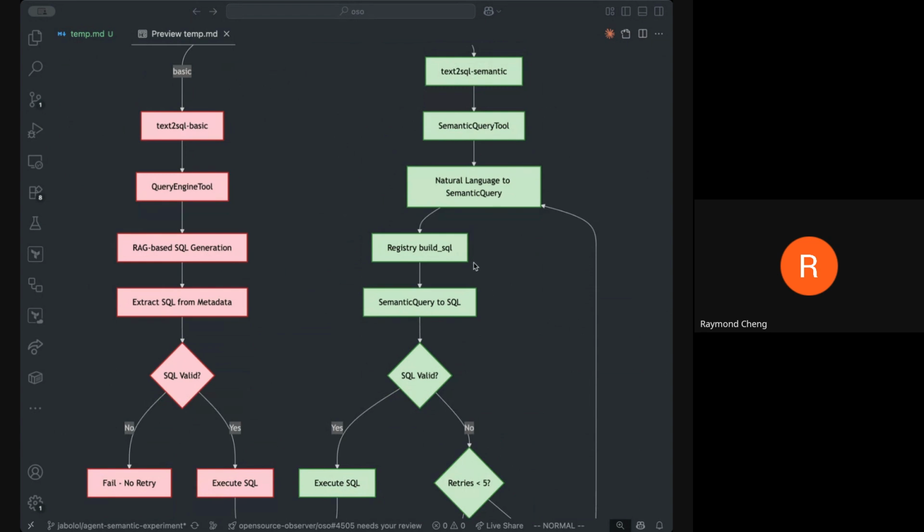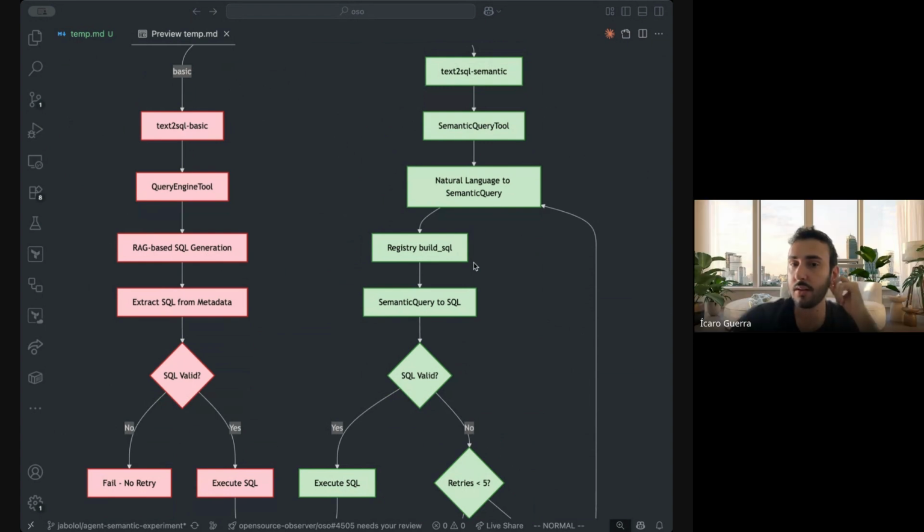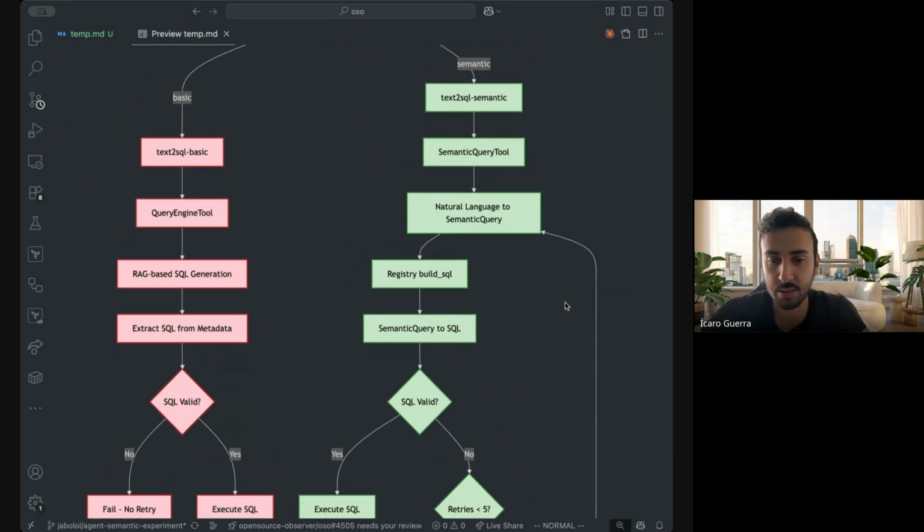I see. So we are using the semantic library internals directly as opposed to going through PyOSO, is what you're saying. No, the agent defined its JSON interface, and the code maps from the agent JSON to the semantic layer, which is exposed to all the users. But the JSON is for our internal usage only, which is not even in the semantic package, it's only in the agent backend.